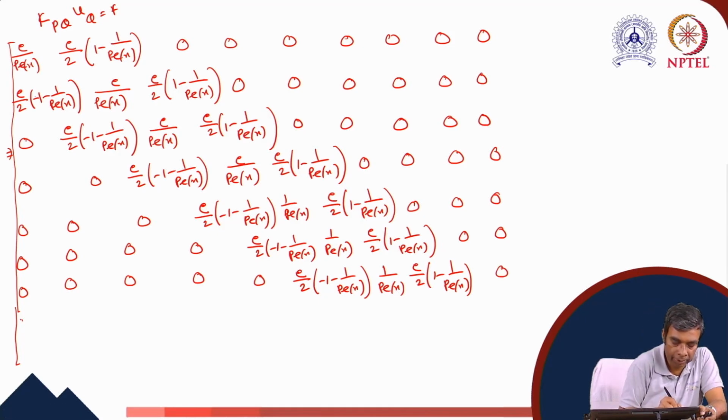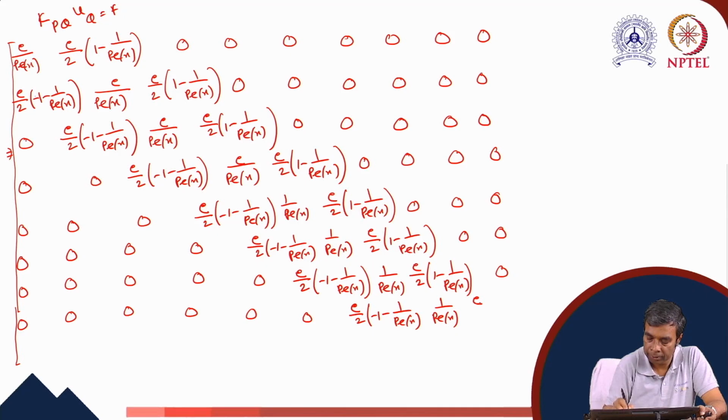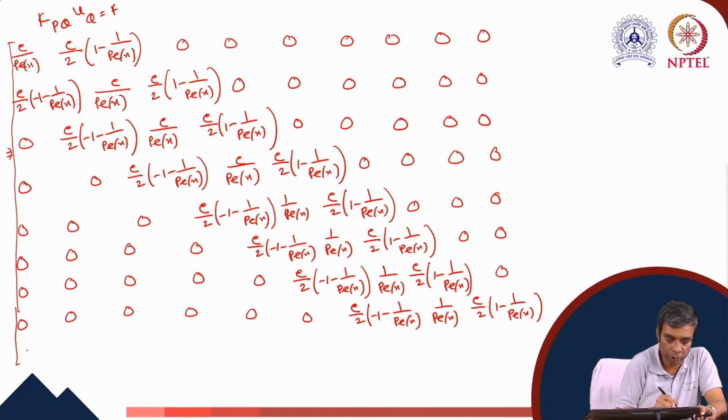Now the eighth equation is 0, 0, 0, 0, 0, 0, then C by 2 into minus 1 by PEX, C by PEX, C by 2 into 1 minus 1 by PEX. Then we have the last equation, 0, 0, 0, 0, 0, 0, 0.